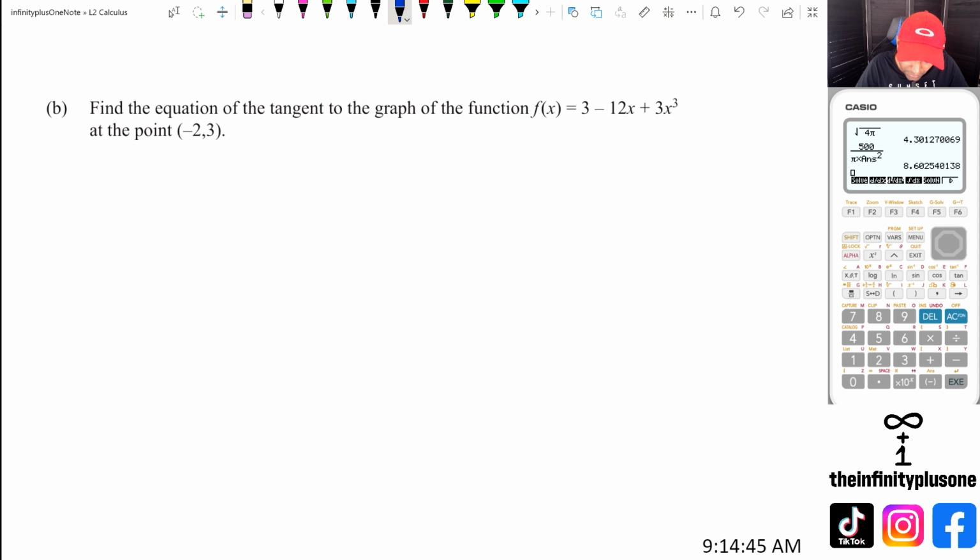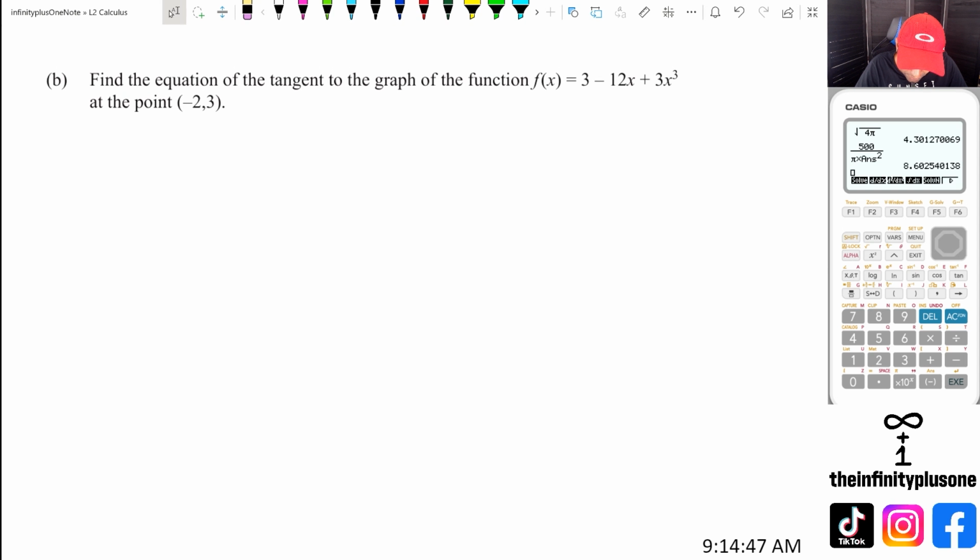All right, so we've got find the equation of the tangent of the graph at the point -2, 3. So we've got f of -2 equals 3. To find the equation of the tangent, we need to figure out what the gradient at -2 is. So first we work out what the gradient function is.